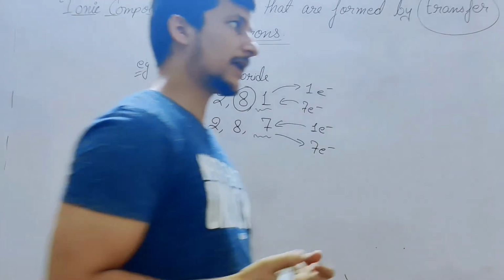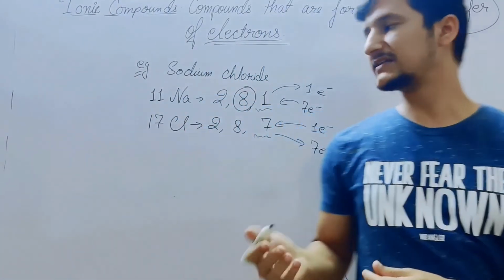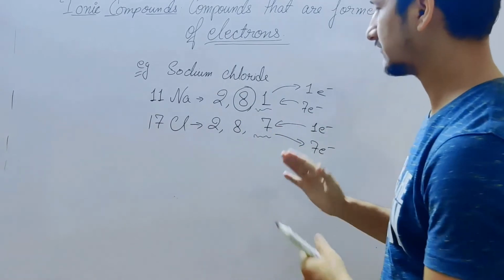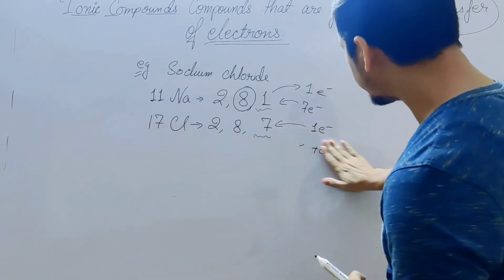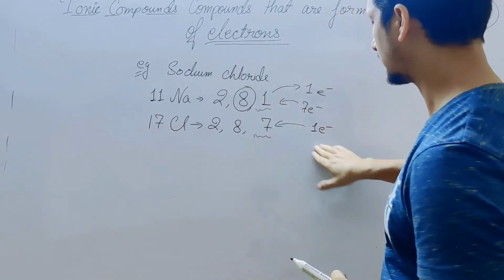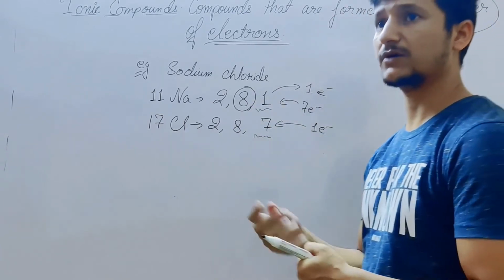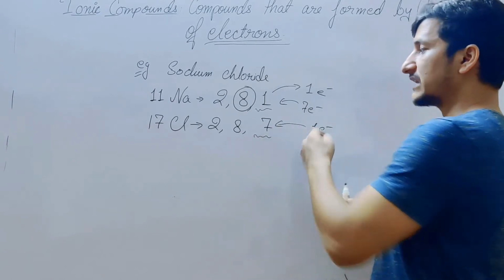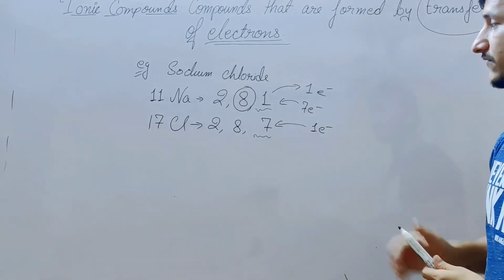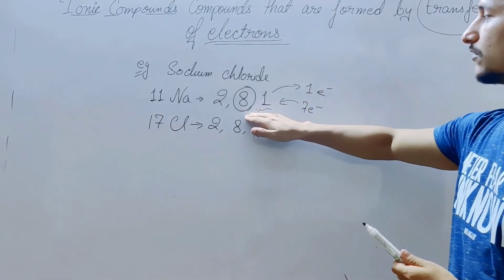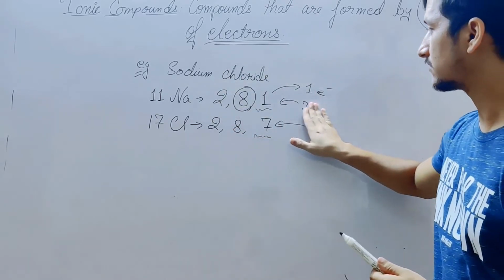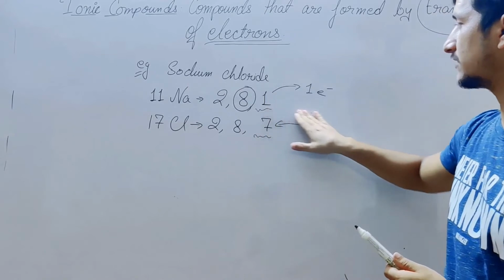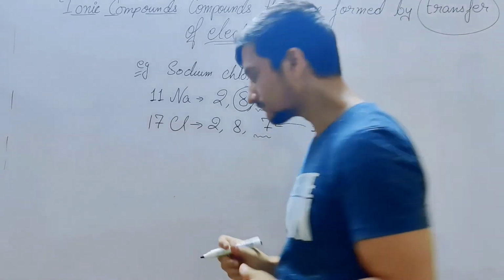Now, atoms always go for the easy part, whichever is smaller. It will not lose 7 electrons, as a large amount of energy would be required. In the same way, the nucleus is not capable of holding 7 extra electrons, so it will not gain 7 electrons, it will gain 1 electron.